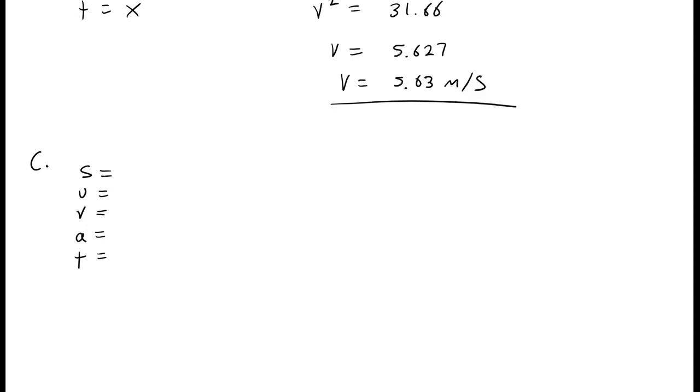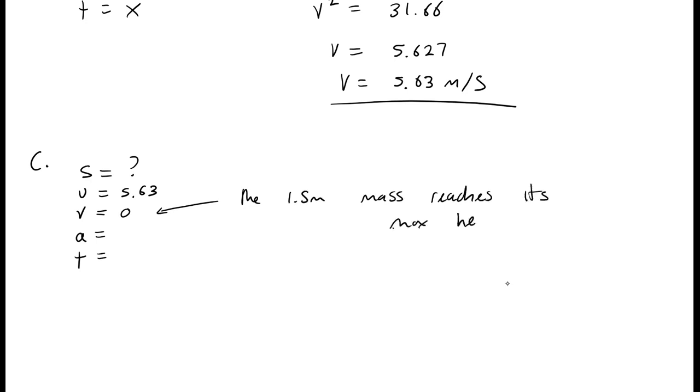That's the distance that's in addition to 3 meters. So we'd like to know that. We'll say that it starts with 5.63, so we're starting this SUVAT from where the last question left off. The final velocity will be 0, because the 1.5 m mass reaches its maximum height.